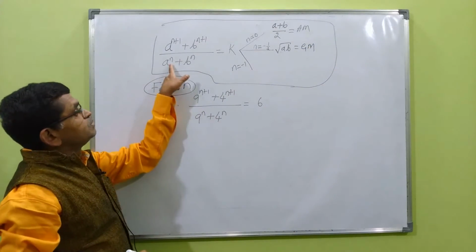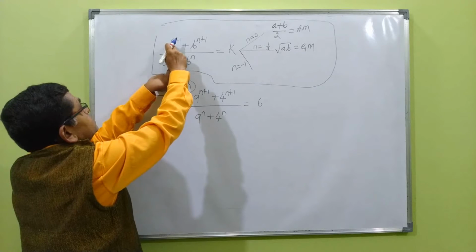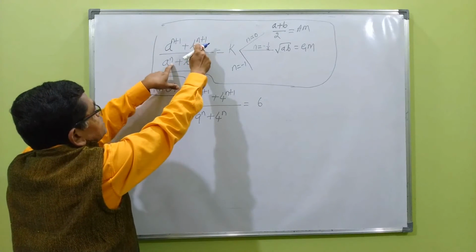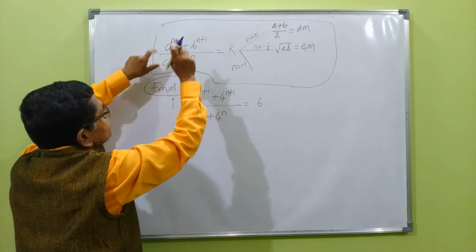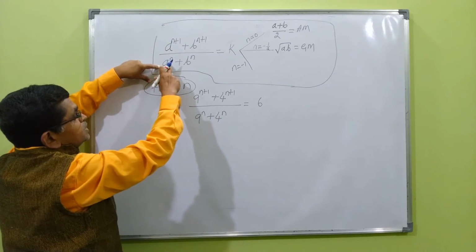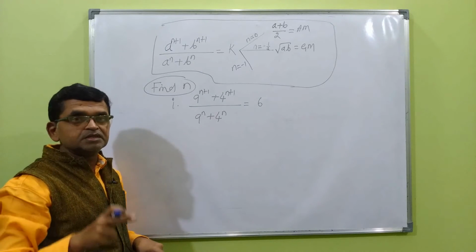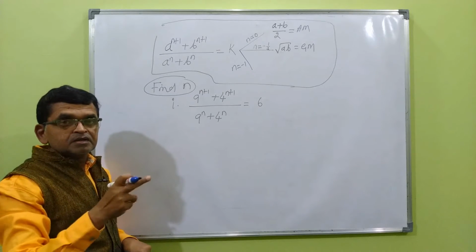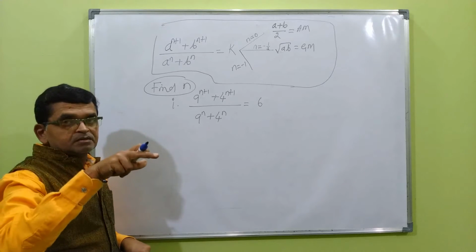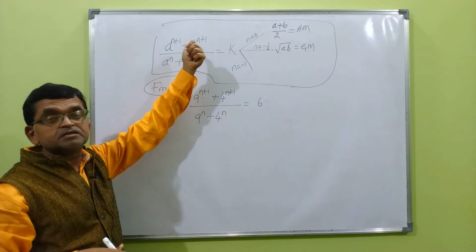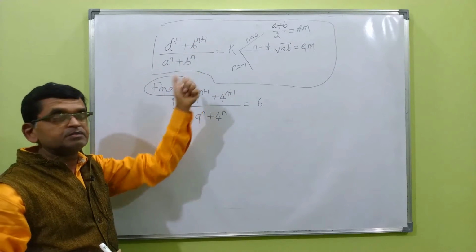If you put minus 1, minus 1 plus 1 is 0, a raised to 0 plus b raised to 0, that is 1 plus 1 is 2. Here 1 by a plus 1 by b is a plus b by ab, and that ab multiplies with the numerator, that is 2 into ab divided by a plus b.